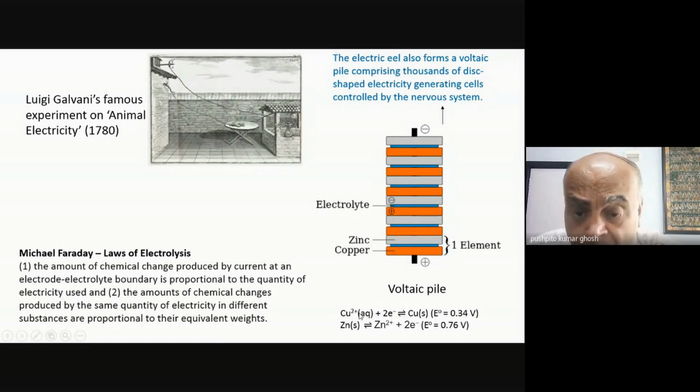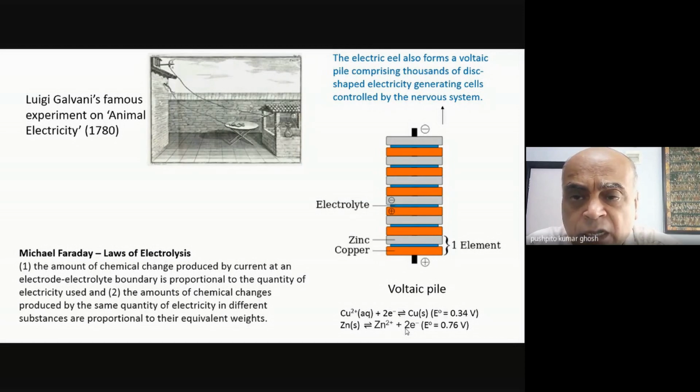So we know that zinc is more electropositive, and so zinc will go to zinc ions, and copper 2+ will get reduced to copper. If you now add up these two equations, you're generating 1.1 volt as your potential. That's the voltaic pile. Now, again, I must tell you that you would have heard of the electric eel, which can give you a tremendous shock.